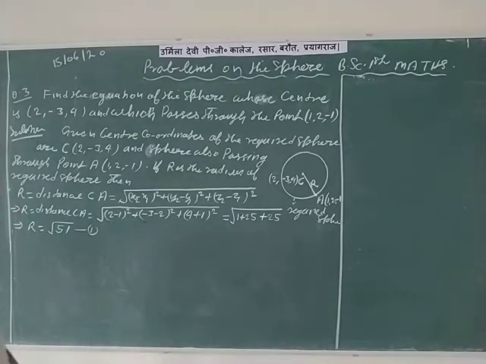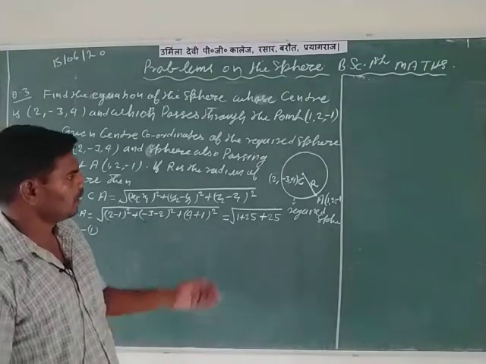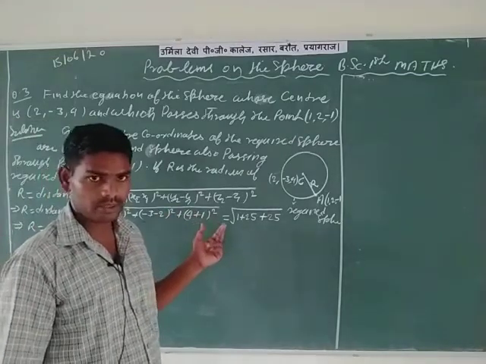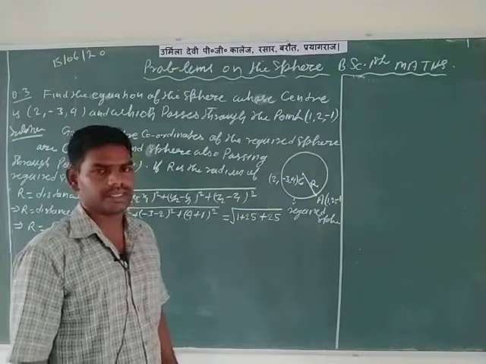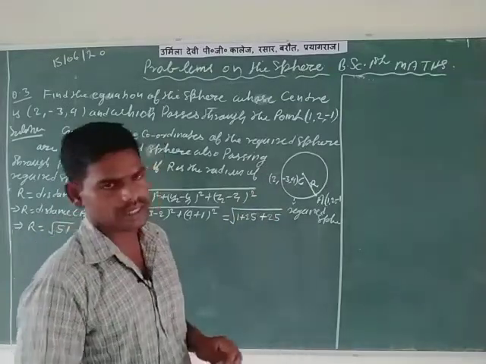After this, it's clear that we have 2 things: the center coordinates and the radius of the required sphere.